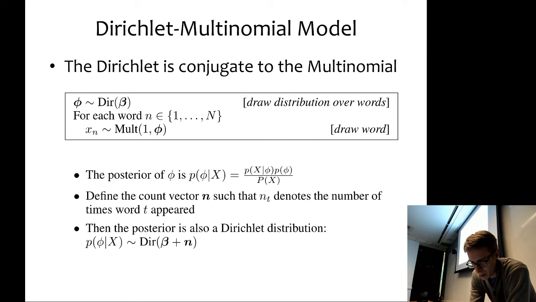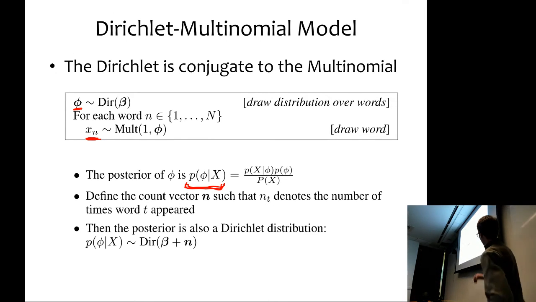So here we're going to have one phi, and then we're going to sample a bunch of independent x's from that phi. And so what we want is the posterior p of phi given x. Okay, so by Bayes' rule, we have p of x given phi times p of phi divided by p of x.